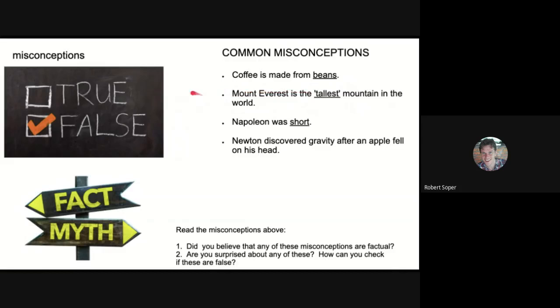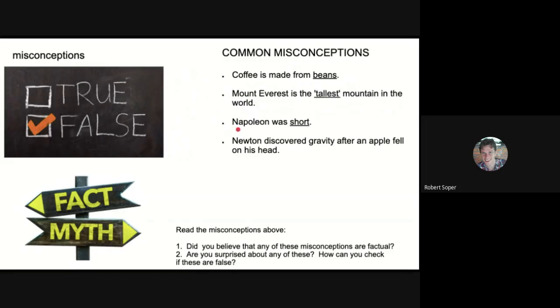I think a quarter of the mountain, or possibly even more, maybe half or maybe three quarters, is actually inside or underneath water. So even though it doesn't appear as high as Everest, technically it is taller. And that's why "Mount Everest is the tallest mountain in the world" is actually a misconception. Many people believe this, but it's not technically true.